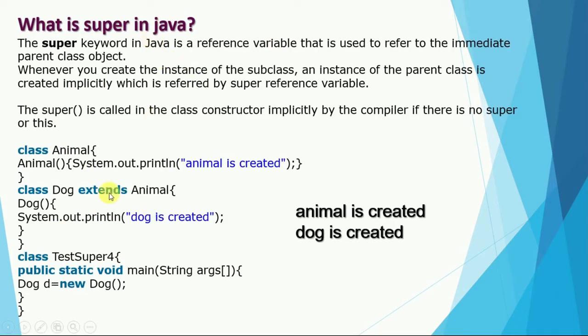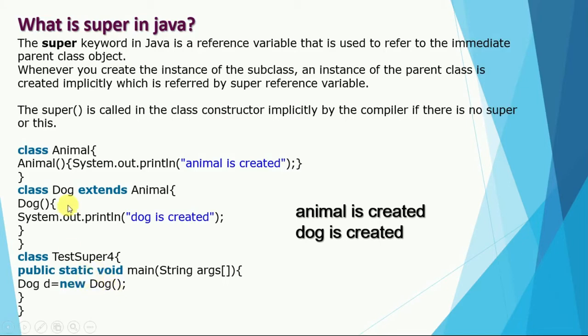So let's take a look at the example. We have a class named Animal, and a child class named Dog. This is the parent class, this is the child class, and it extends the Animal class. So there is a parent-child relationship. Inside the Dog class we have a constructor, in which we print the statement "dog is created". In the main class we create an object d and call the Dog constructor.